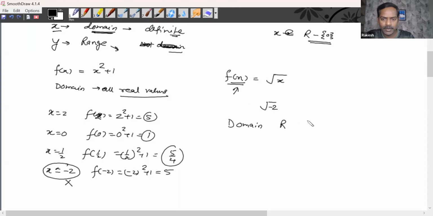No. We can define the domain as x taking all elements starting from 0, considering 0 also, till all positive values. 0 is also included. We don't have to take negative values. We have to take only either 0 or positive values. So this is how the domain of x will be defined, right?